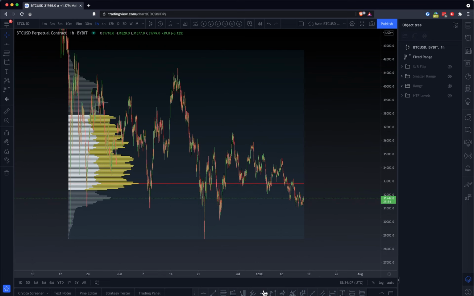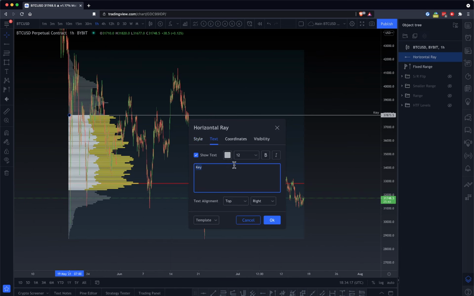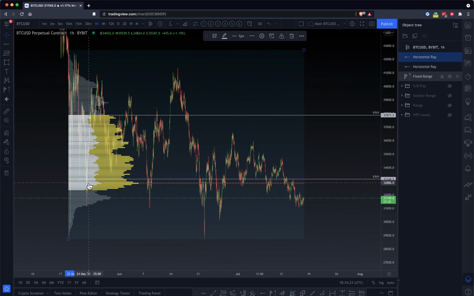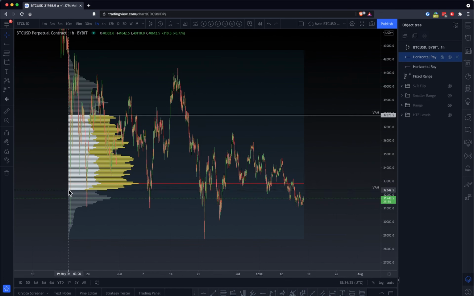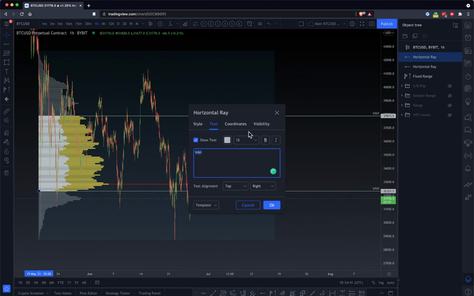so let's mark our volume levels. Here is our value area high for the whole range. So we lost the value area low. Exactly, this value area, no, it's 32. So below the point of control, see, value area low.